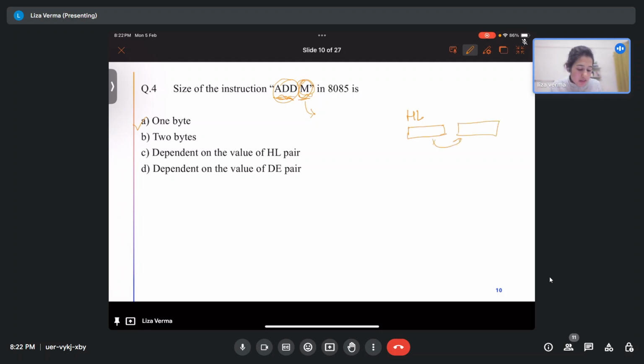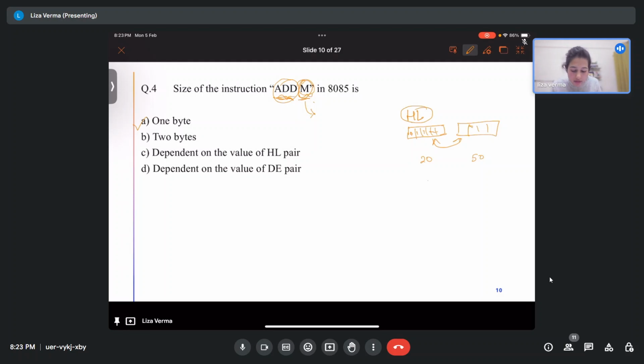Together they make 16 bits, and as a pair they can refer to an address because addresses are 16 bits. We refer to this HL as M. Say 2050 is stored: 20 is stored in H and 50 is stored in L.